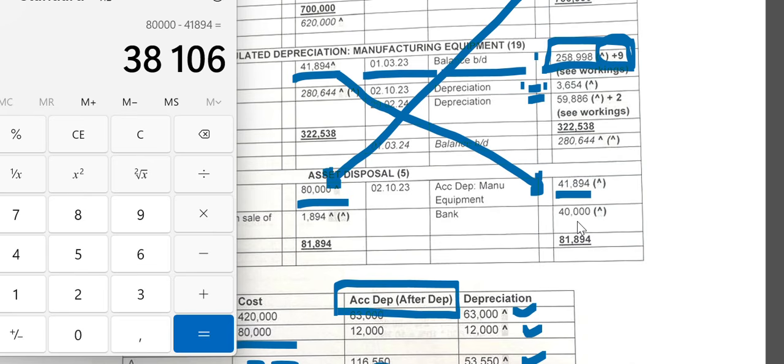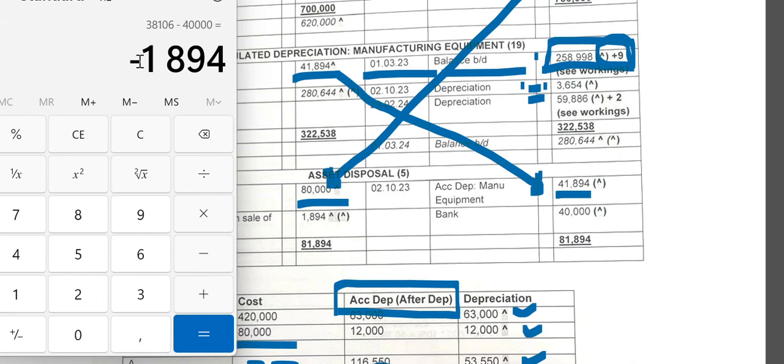And what did we sell it for? 40,000. So if I said 40,000 minus 38,106, I'm just going to put in here minus 1,894.